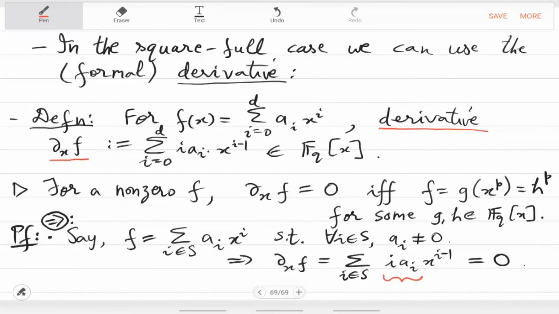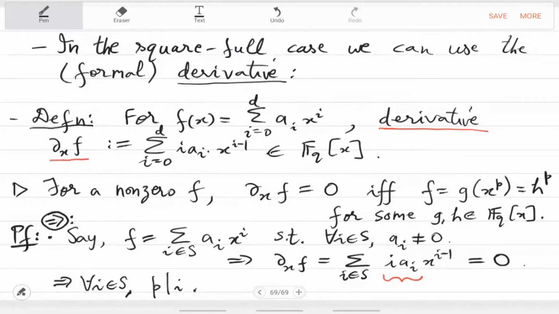So you get that every i is divisible by p.